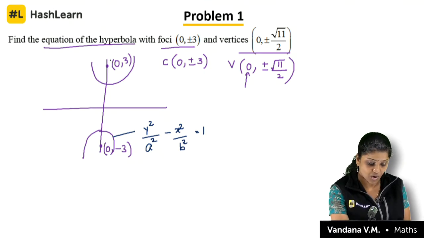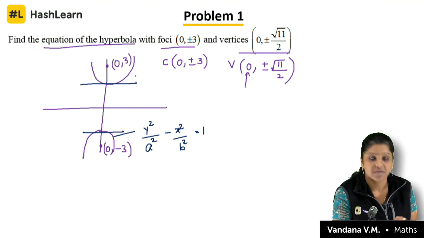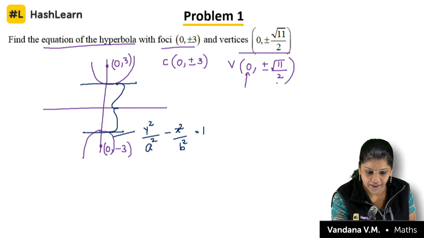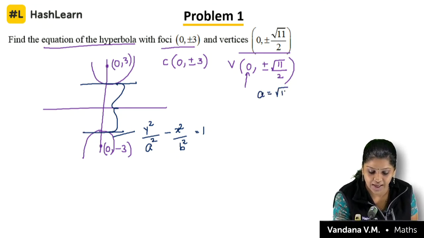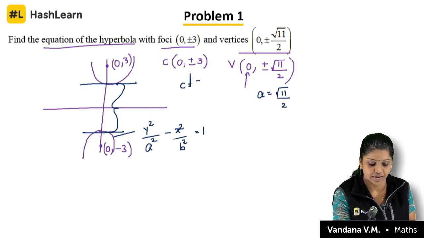Clear, children? Along the y-axis, I am going to have the length of the transverse axis. Clear? So let us find out. Indirectly they gave that the a value is root 11 by 2. Here the c value is 3.